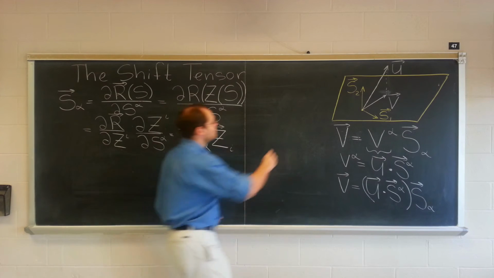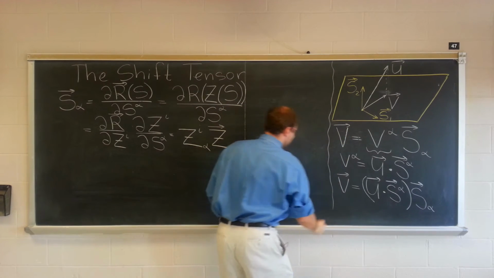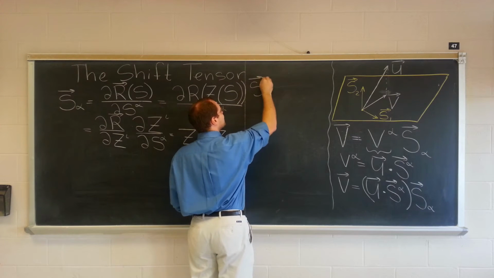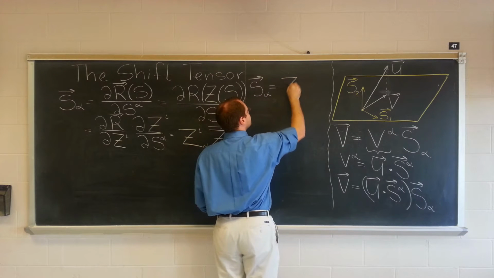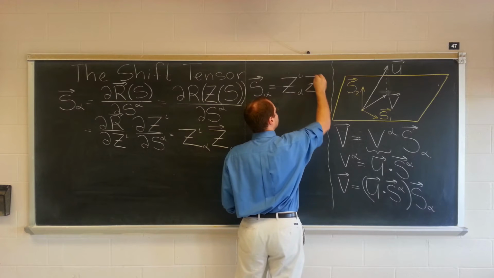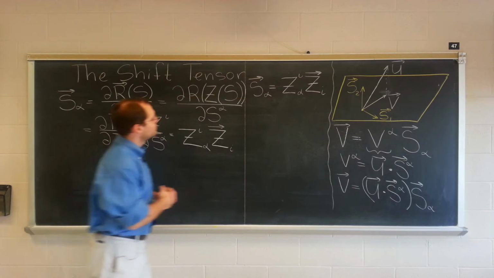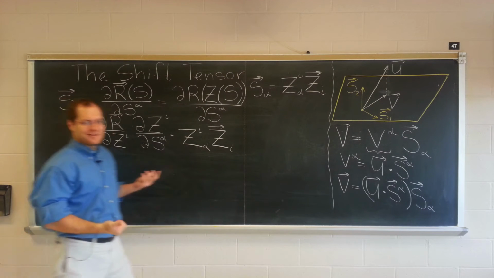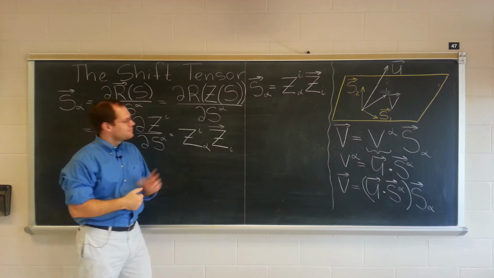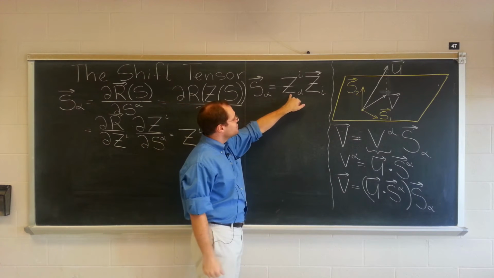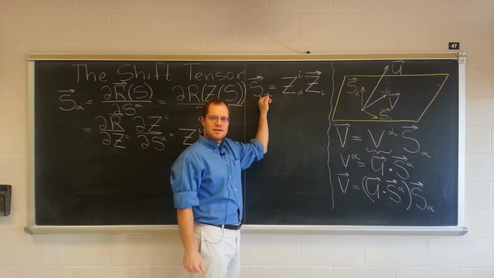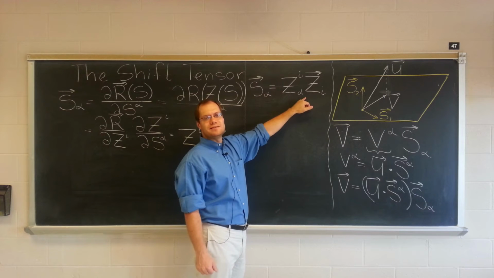All right, let's summarize what we just found. We just found this identity. I don't have to explain how nice and elegant this identity is. But what it really shows is that the shift tensor relates the ambient basis and the surface basis. It relates these two bases.